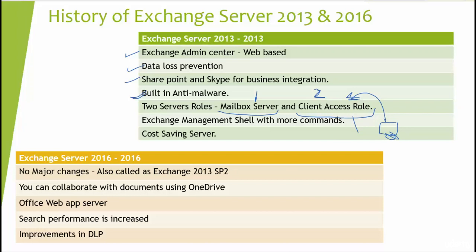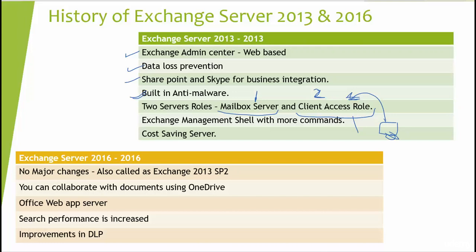So then what is the mailbox server doing in here? The mailbox server role is performing like the hub transport role in here. It is similar to the Exchange 2007 and 2010 hub transport server role.